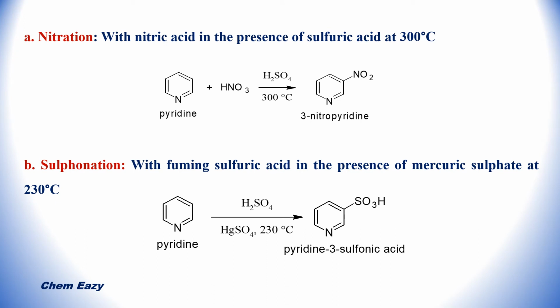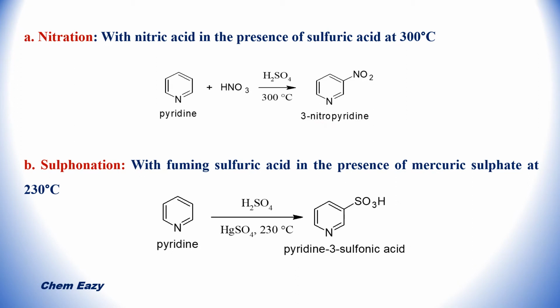Pyridine can be nitrated with nitric acid in the presence of sulfuric acid at 300 degrees Celsius. The reaction shown here, pyridine with nitric acid in presence of sulfuric acid is nitrated at third position and gives 3-nitropyridine.